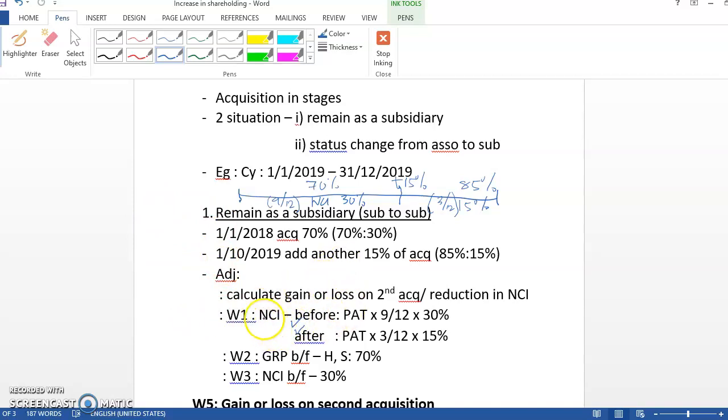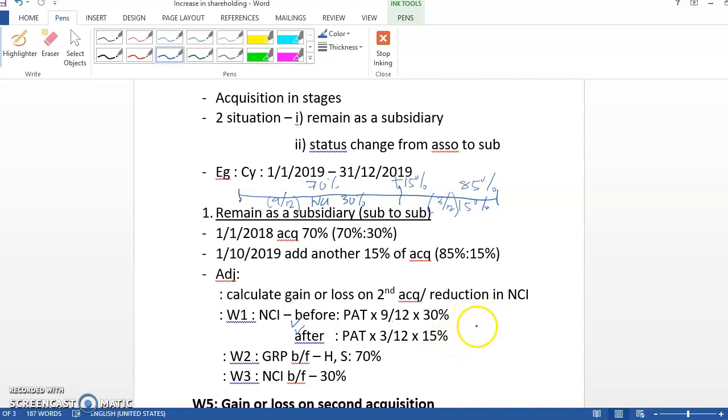So for that company, you will take your profit after tax times 9/12 times 30%, because the NCI of 30% is only for 9 months, whereby after they add another 15%, the NCI has reduced to 15%. So the profit will be times 3/12 times 15%. Okay, that will be your working number 1.